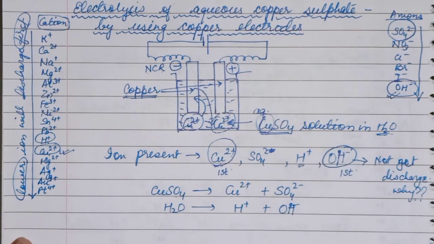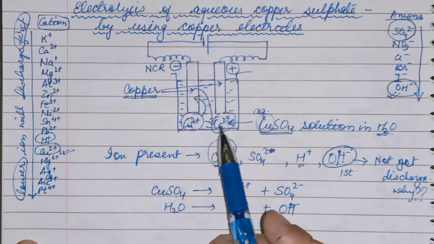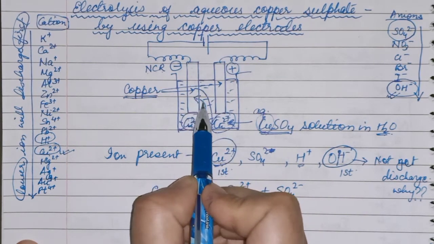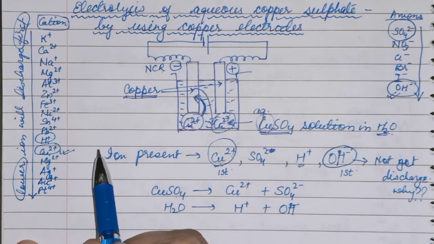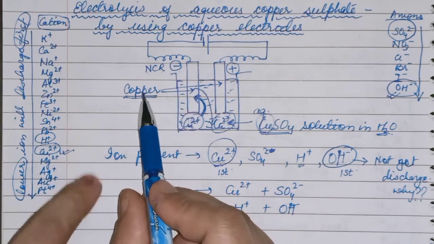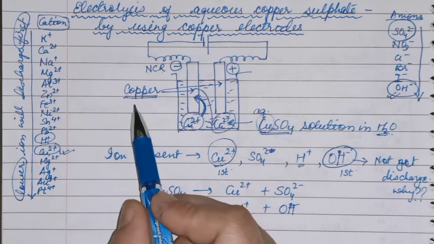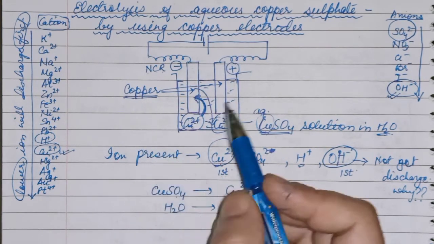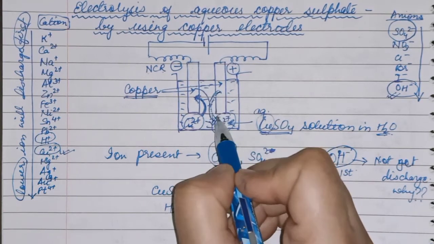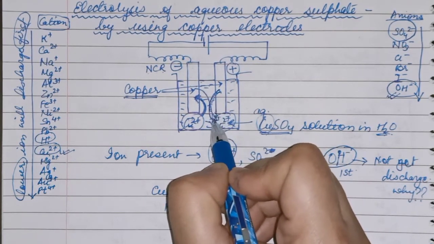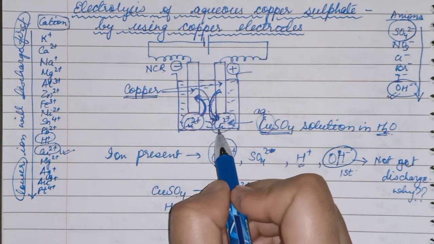Children, please concentrate here. The Cu2+ ion present in the electrolyte is getting deposited over the cathode, but the anode is made of copper. So from the anode, Cu2+ will come into the solution.